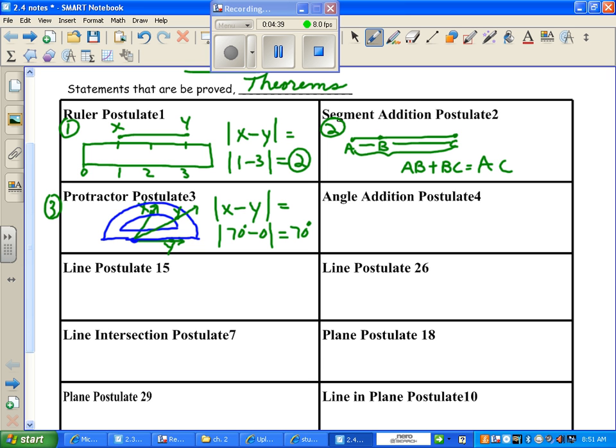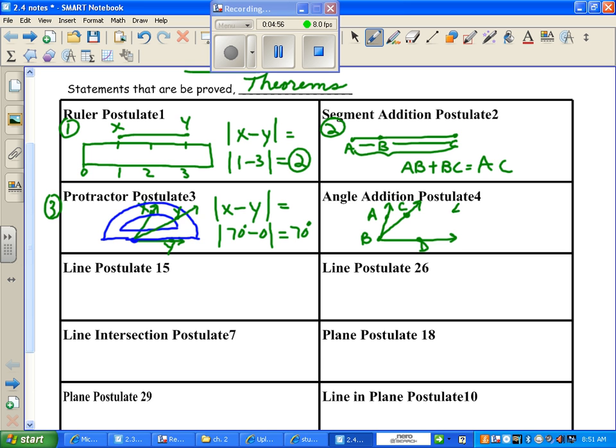Alright, angle addition postulate is just like segment addition postulate, and this ray does not have to be the angle bisector. So now I'm naming the large angle ABD. The ray in the interior is ray BC.